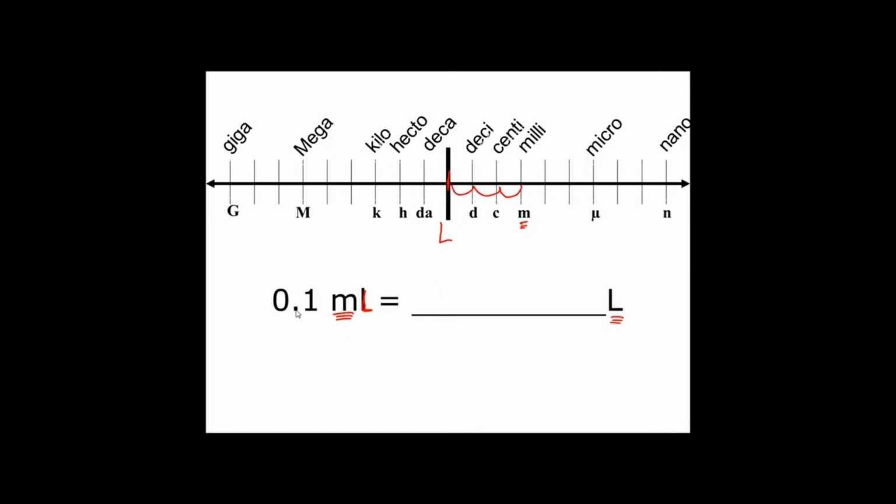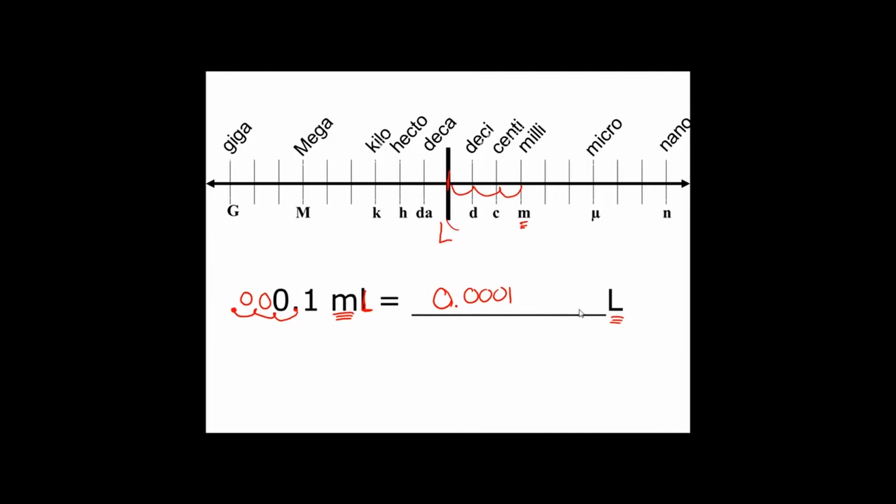And I simply take my decimal point in this case, and I'm going 3 in the same direction. 1, 2, 3. And all those hoops I just passed by, I fill them up with zeros. And so the final answer is 0.0001 liters.